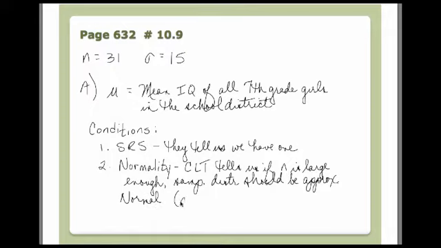Remember in this case we had n equals 31. Remember me mentioning 30 is often considered big enough? So we have 31, so we're good.